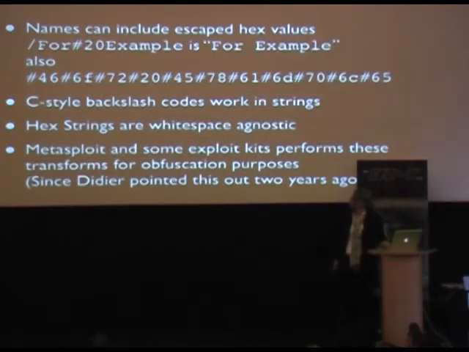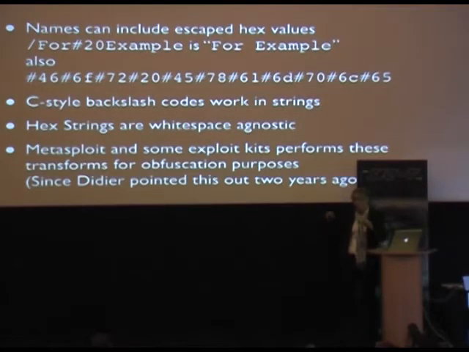So just want to look at that. One of the things that Dia pointed out a couple of years ago, and it's used a lot in Metasploit, is that you can do hex substitution on all of the name strings, for example by using a pound sign and the hex value.